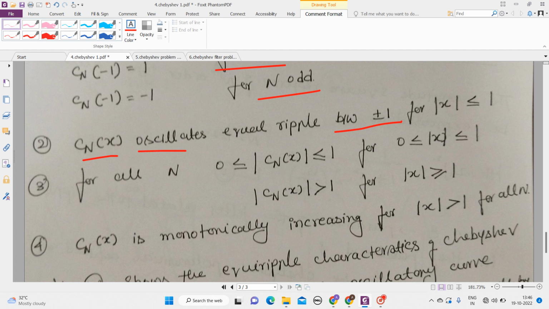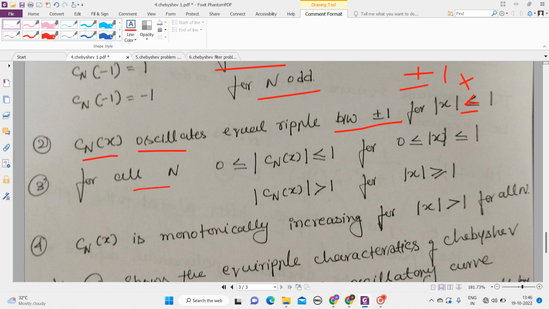So for the modulus of x less than or equal to 1: if x is put inside the modulus, then the value is always positive, even if x is minus. We represent the value with a plus symbol, always positive, less than or equal to 1.